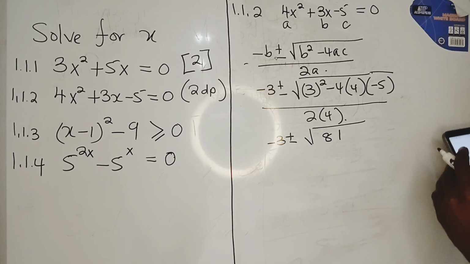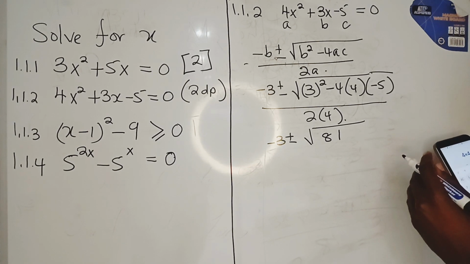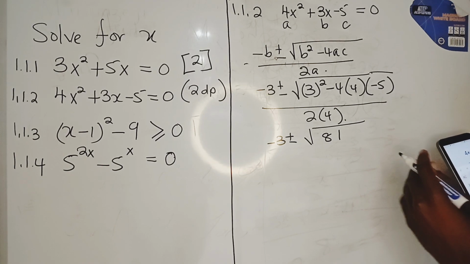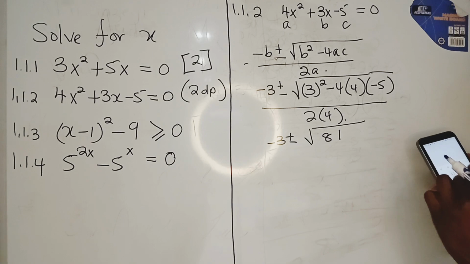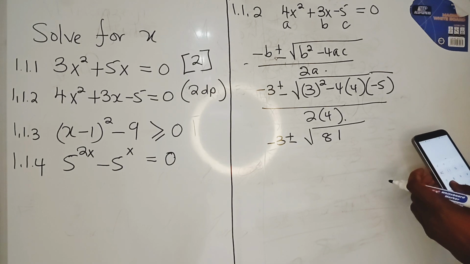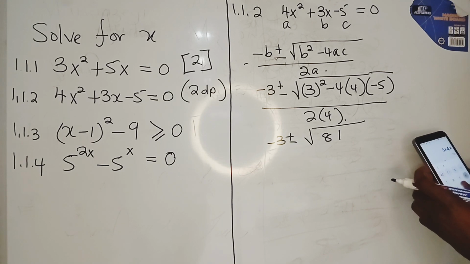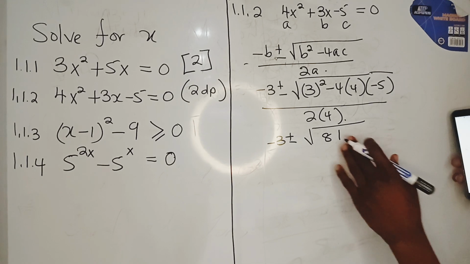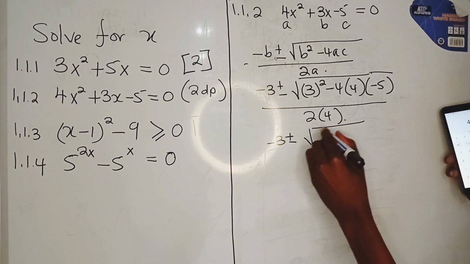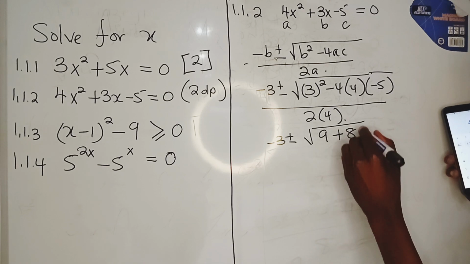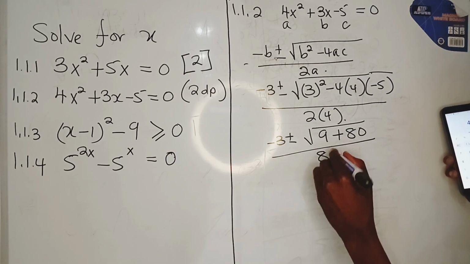No, sorry. Just a moment. It's going to be 4 times 4 times 5. It is 80. So it's going to be 9 plus 80 over 8.